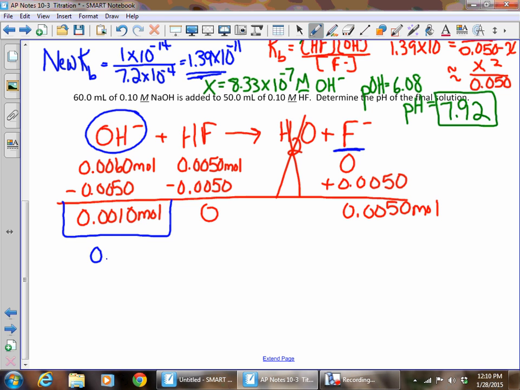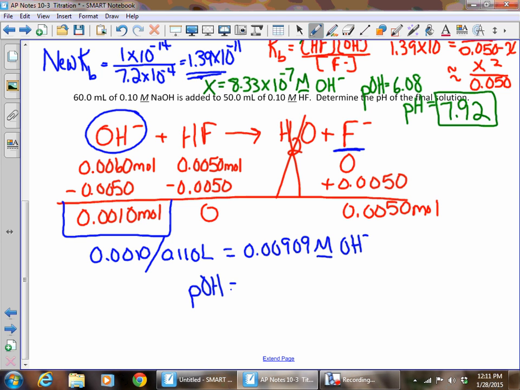So we're going to simply take this value and change it to molarity by dividing by the total liters, which in this case is 110 milliliters, so 0.110 liters. And we get a concentration of 0.00909 molar OH minus. Again, the F minus concentration makes no difference in this calculation of pH.